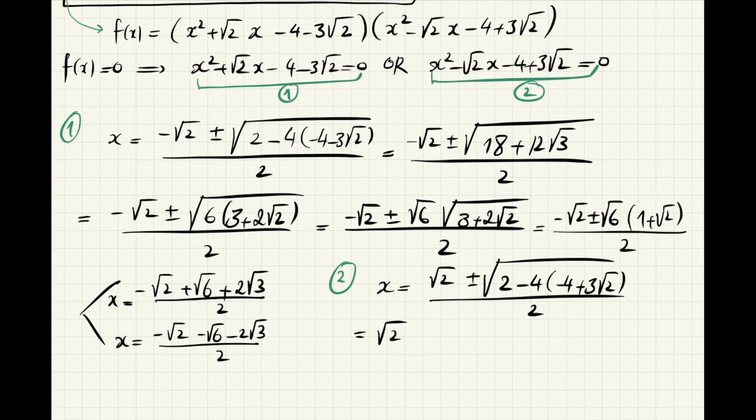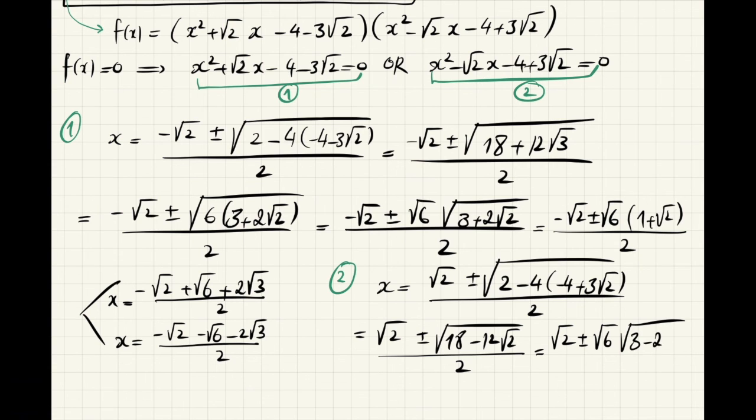So if I calculate this, it becomes again 18, but this time it becomes minus 12 square root of 2, okay, and then I have divided by 2. Yes, let me make sure that everything is in order. Yes. And then I can factor it out exactly as before, so it becomes square root of 6, and then I will have square root of 3 minus 2 square root of 2 divided by 2.